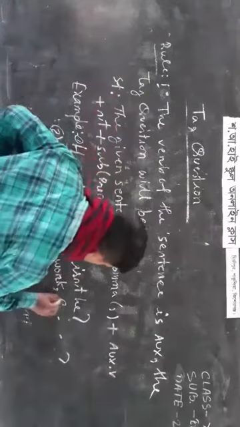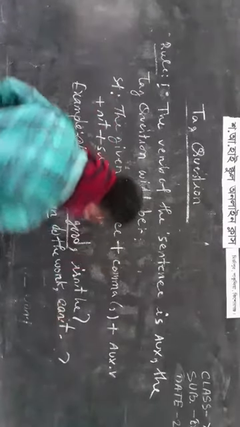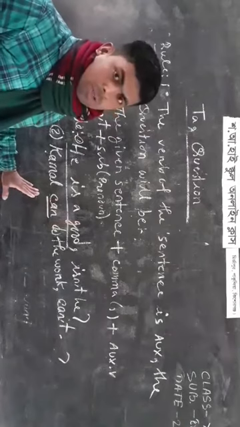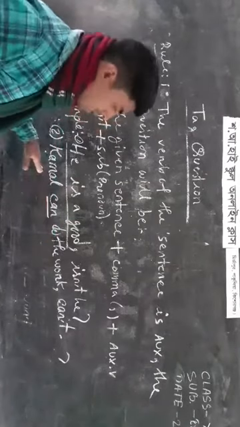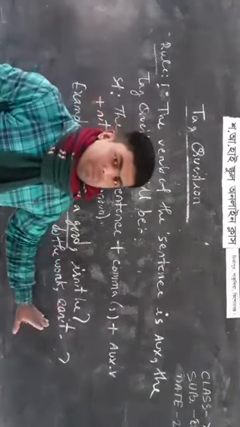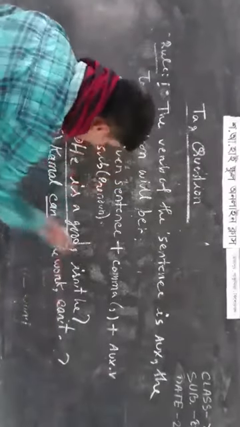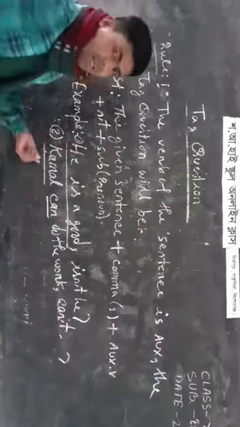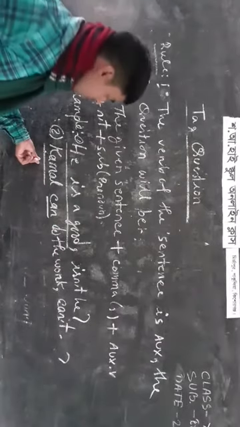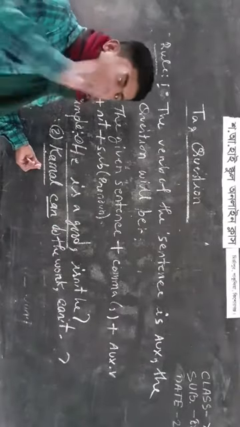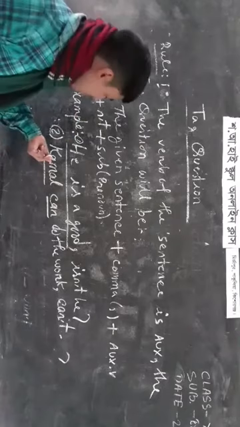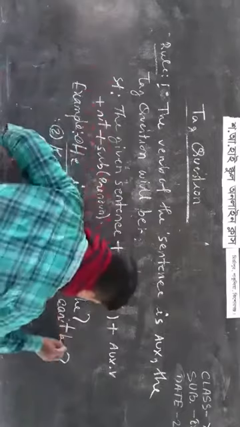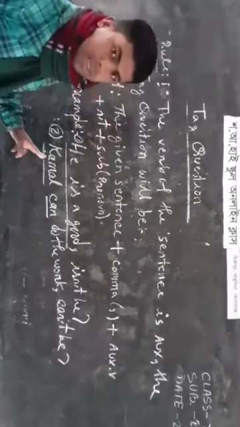If the sentence is negative, you should not use not. That means when the sentence is negative, the tag question will be affirmative. Here the subject Kamal is a noun. In the tag question, you should use a pronoun as subject. Here, Kamal is a noun and the pronoun of Kamal is he. Can he?